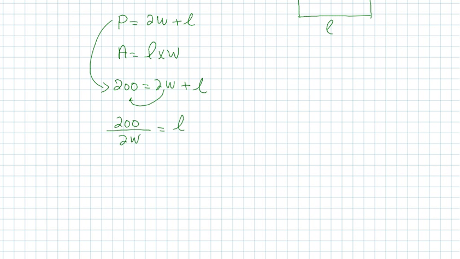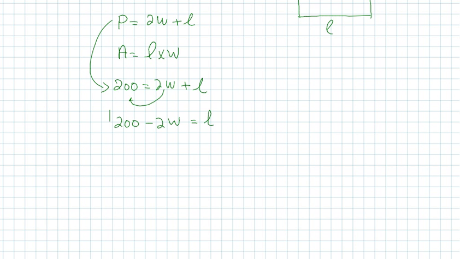That's right, minus 2W, because we're adding instead of subtracting. So it's 200 minus 2W equals L. Because it's 2W plus L, so when you move it over, it becomes subtraction. Good. So this is the formula that I'm going to use.